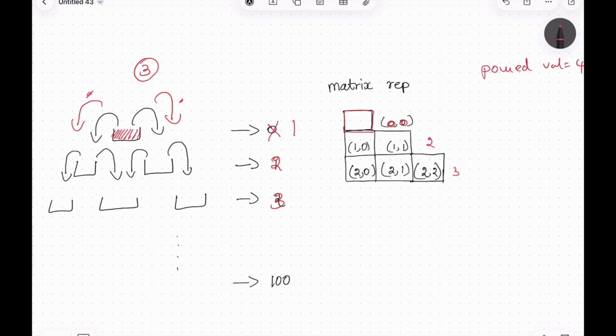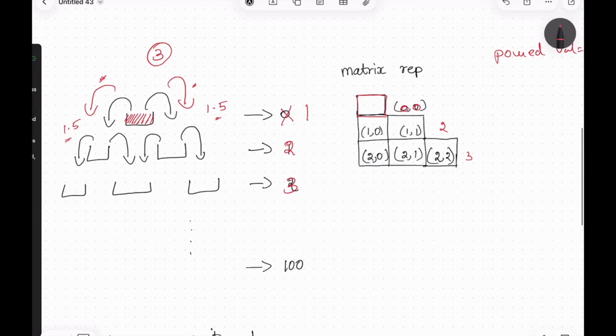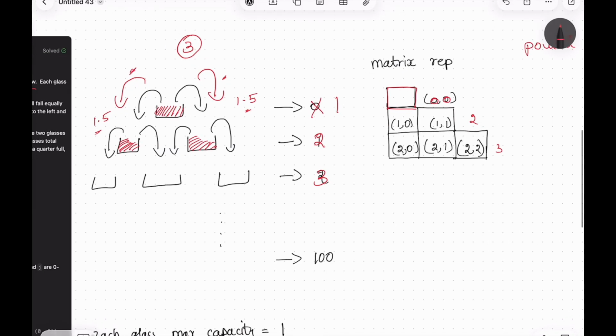In this way it gets split equally and filled. So this will be 1.5, and 1.5 will move to the left and to the right. While filling, this one will be completely filled, and this one will be completely filled.